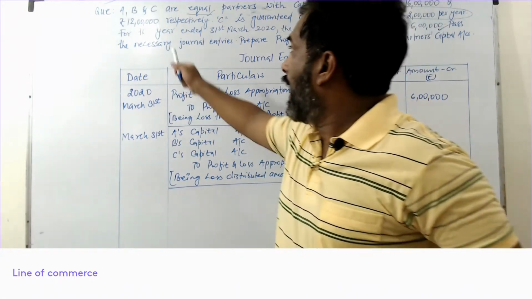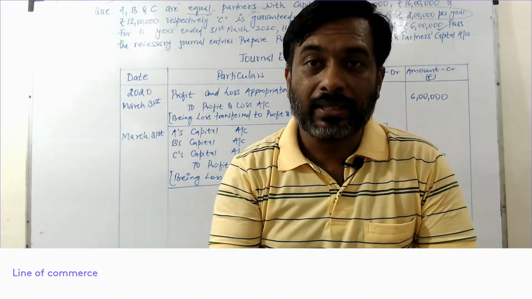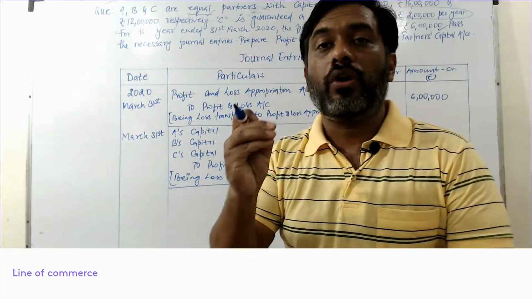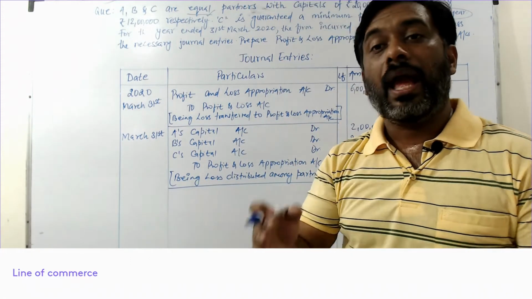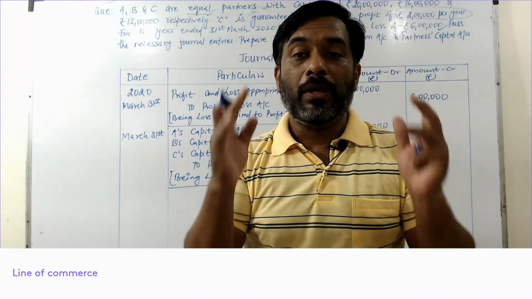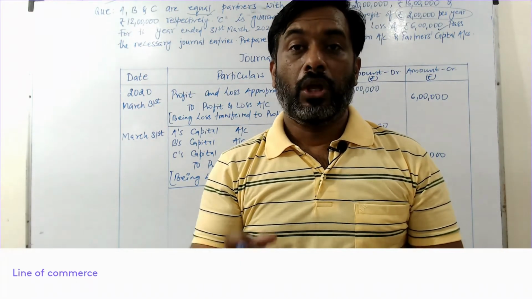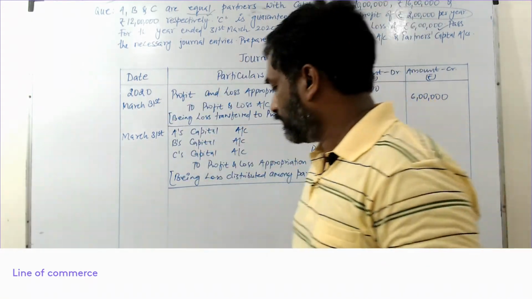So A and B have to contribute total 4 lakh rupees towards C. So A will contribute 2 lakh rupees, B will contribute 2 lakh rupees, and that's how the minimum guarantee will be adjusted for C.